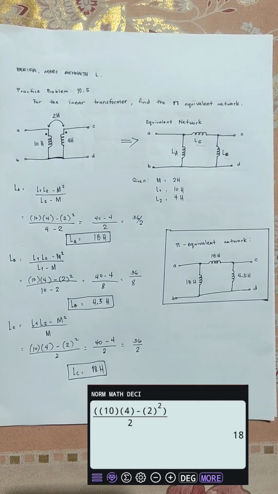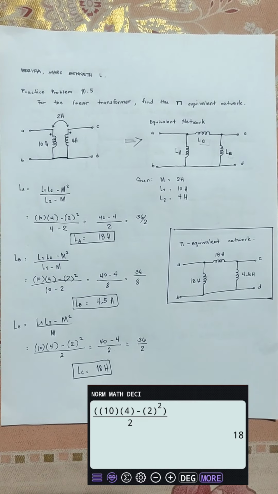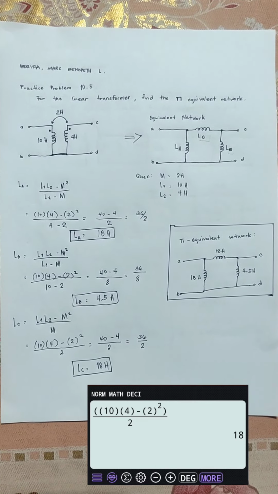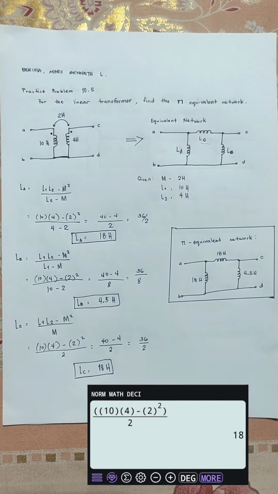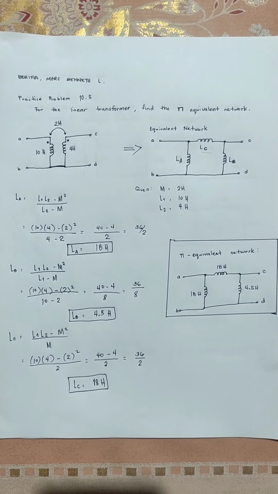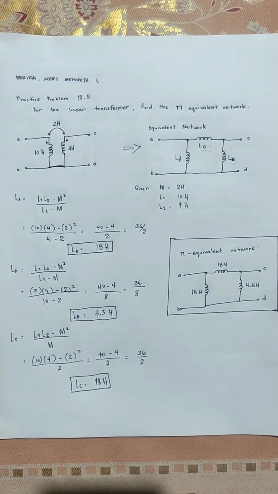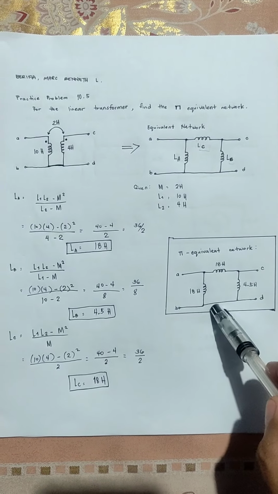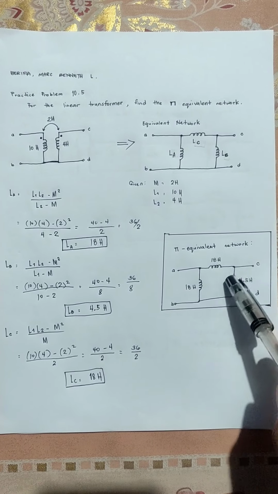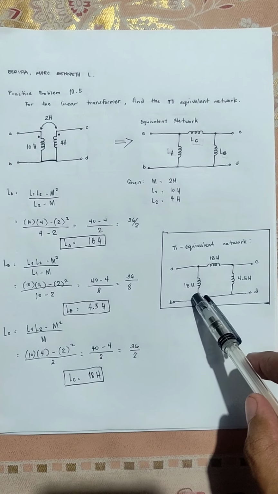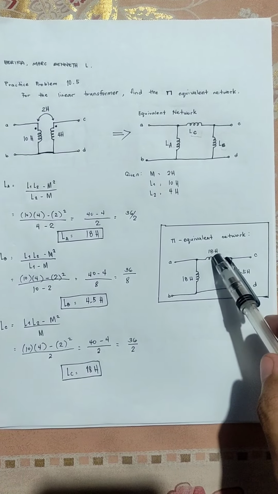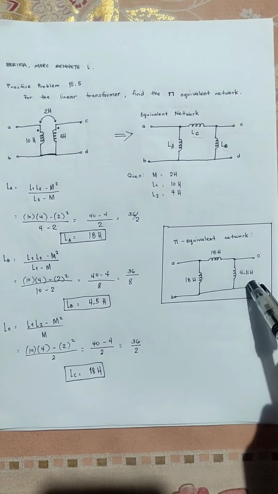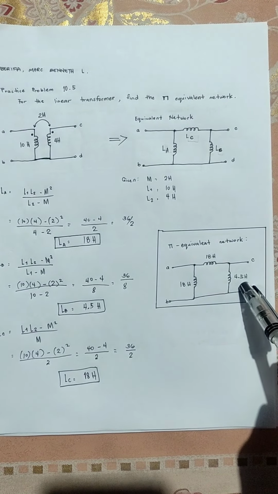It is equal to 36 over 2, so our L sub C is now equal to 18 henry. After we get the values, we will substitute them into their respective places to get the pi equivalent network. Our L sub A is 18 henry, L sub C is 18 henry, and L sub B is 4.5 henry.